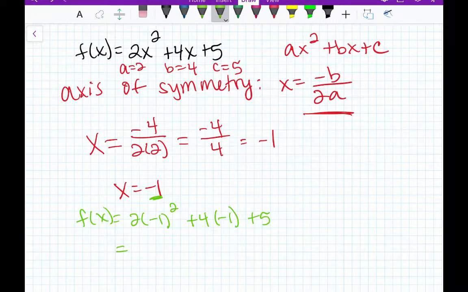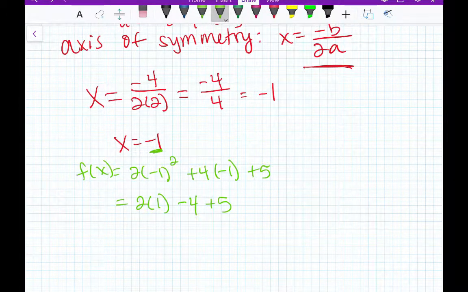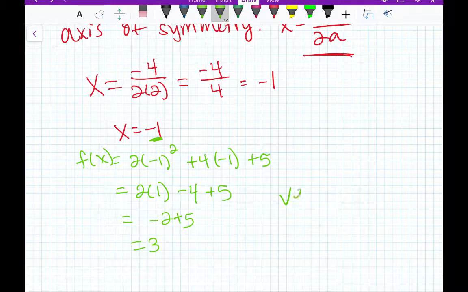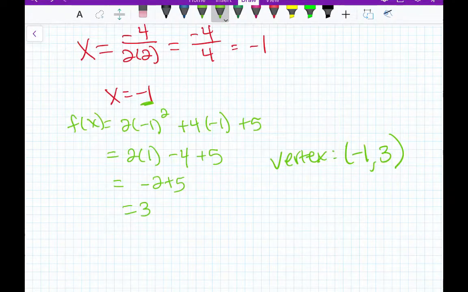Make sure you do this correctly. -1 squared is 1. So this is 2 times 1. 4 times -1 is -4, and then plus 5. 2 times 1 is 2, minus 4 is -2, plus 5 is 3. So the vertex then, again, has the x value just like the axis of symmetry, so that's -1, and we just plugged it in to find y, which is 3. So that would be your vertex.